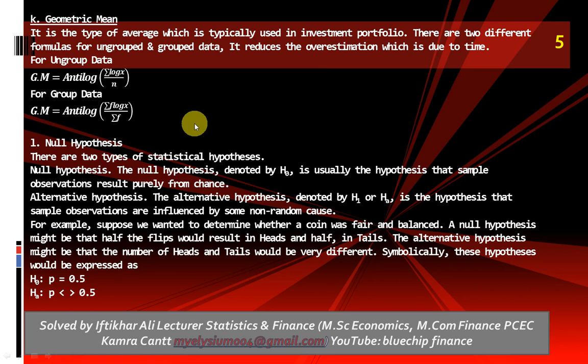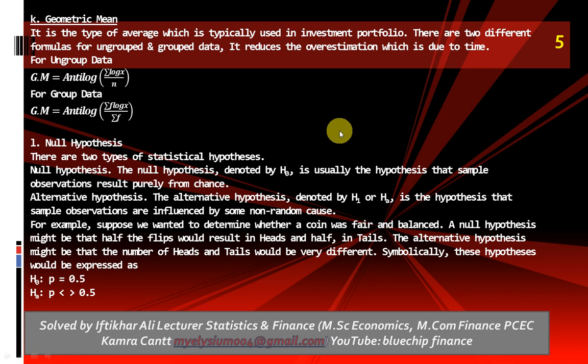After that, null hypothesis. There are two types of statistical hypothesis: one is called the null hypothesis and one is called the alternative hypothesis. The null hypothesis is denoted by H naught. It is usually the hypothesis that sample observation results purely from chance.